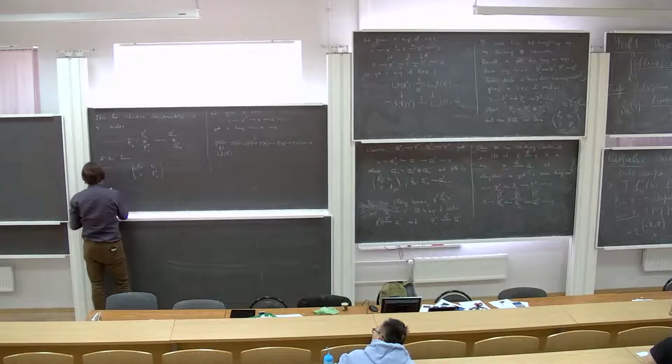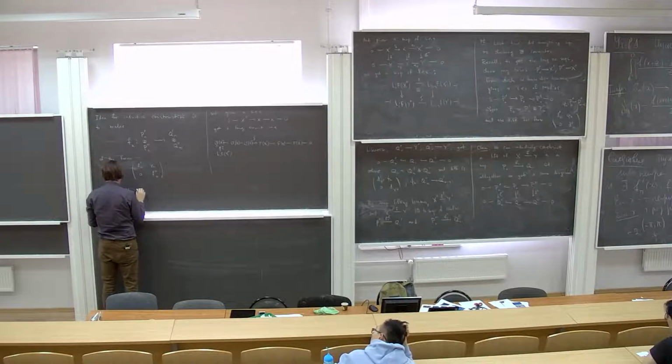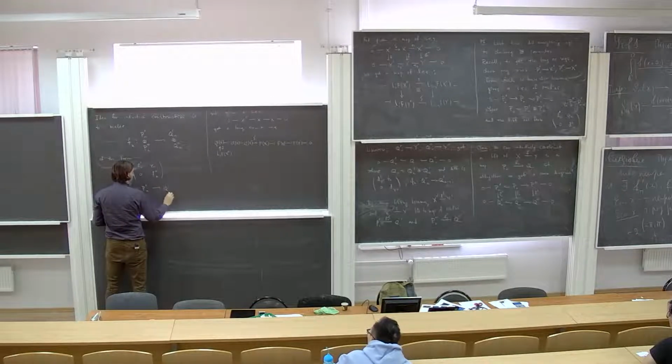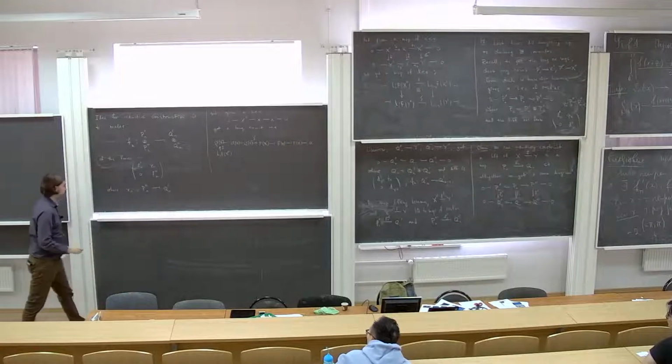So this is where gamma n is a map from p double prime n to q prime n. Okay.